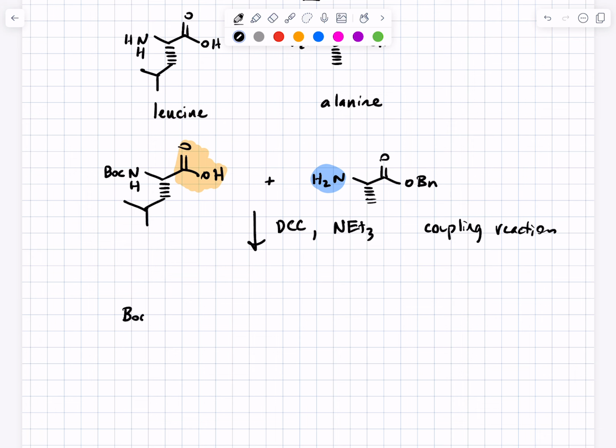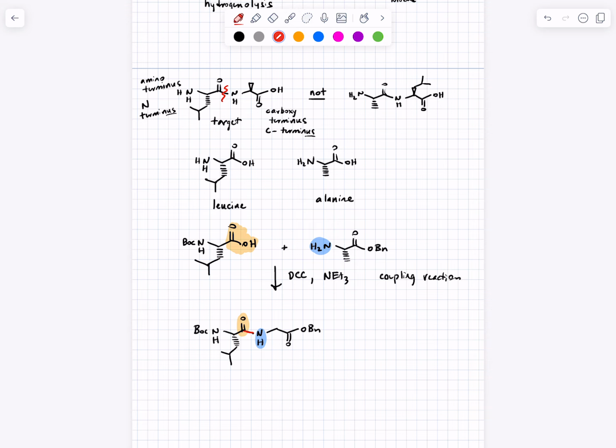The only thing that can happen is that the free carboxylic acid group of leucine gets converted into a good leaving group, then is attacked by the nitrogen of alanine to give a tetrahedral intermediate, which collapses and the leaving group leaves. That gives me the desired amide bond and not the isomer.